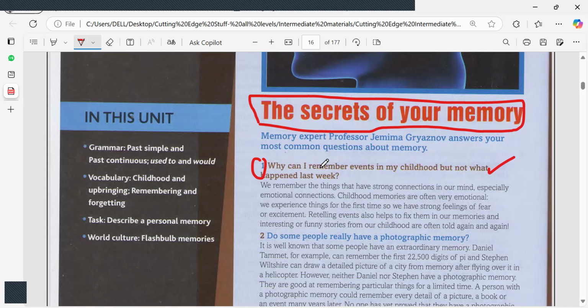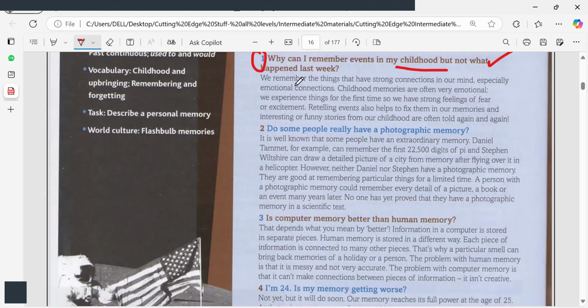Why can I remember events in my childhood but not what happened last week? This is a question. Please read the answers. Read with your eyes.